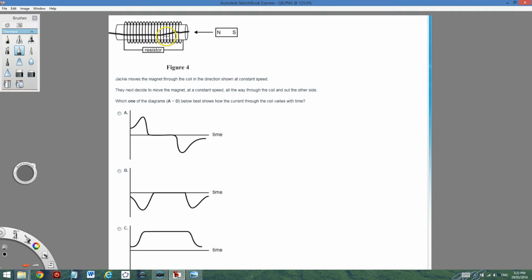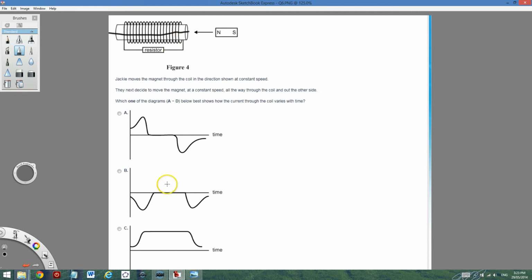Thus, the current will be zero. There's no change in magnetic flux over time, so it's zero. Only when the magnet leaves, the magnetic field weakens. When the magnetic field weakens, it's a change in magnetic flux over time. Thus, current is produced in an opposite direction to the previous one.